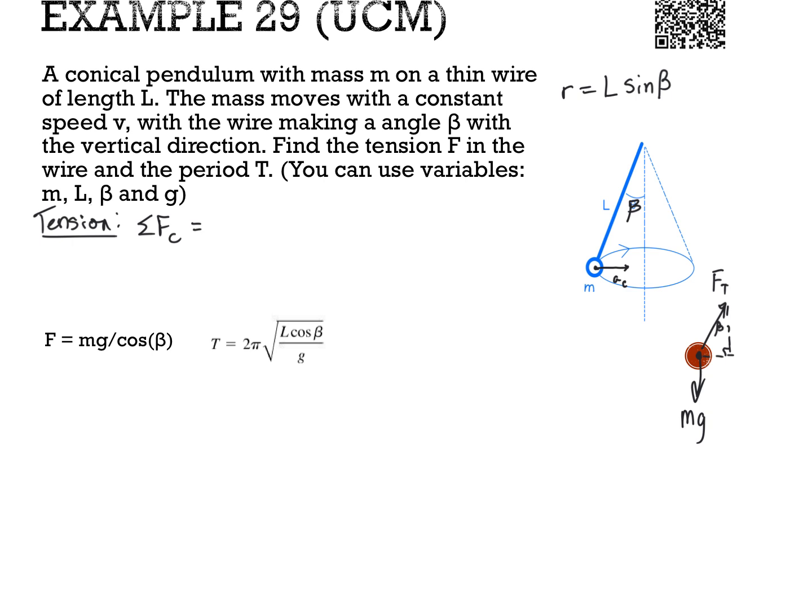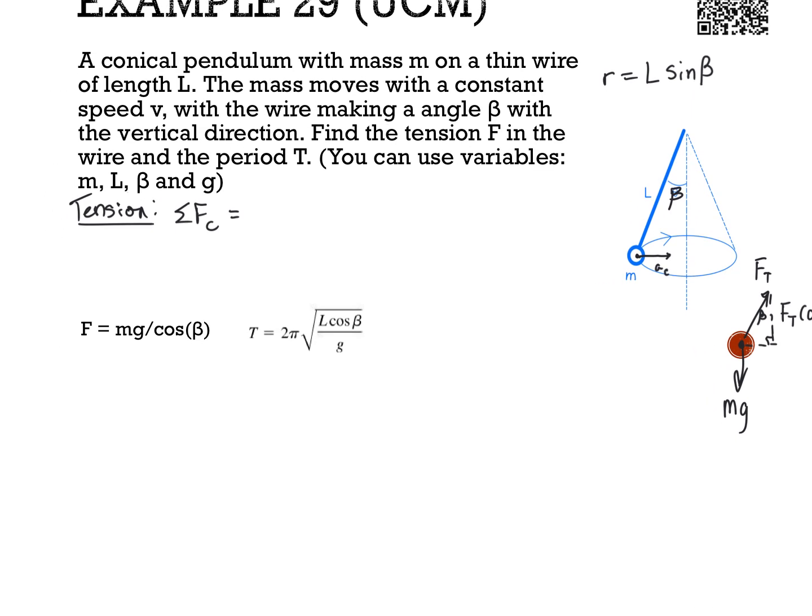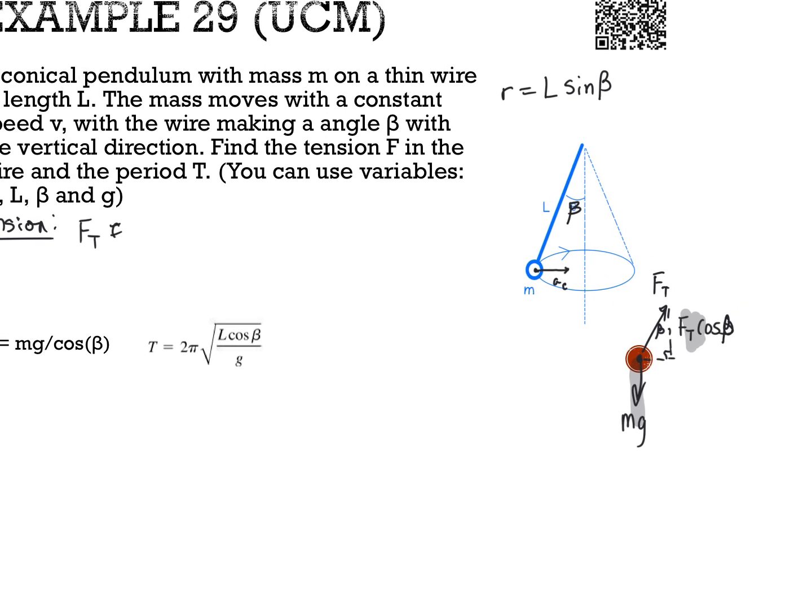Beta is up here, so this becomes F sub t cosine theta, or cosine beta, excuse me. So I know that for the tension force, I'm going to use the components here and here. I know those have to be equal and opposite. So force of tension cosine beta has to be equal to mg. So the force of tension is equal to mg divided by the cosine of beta. Okay, got that.